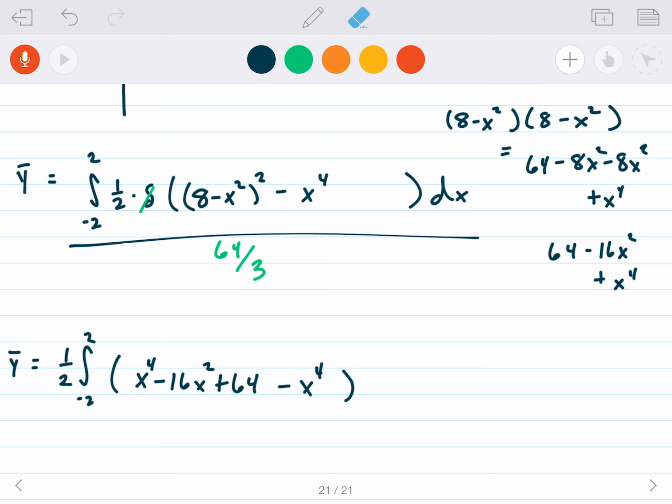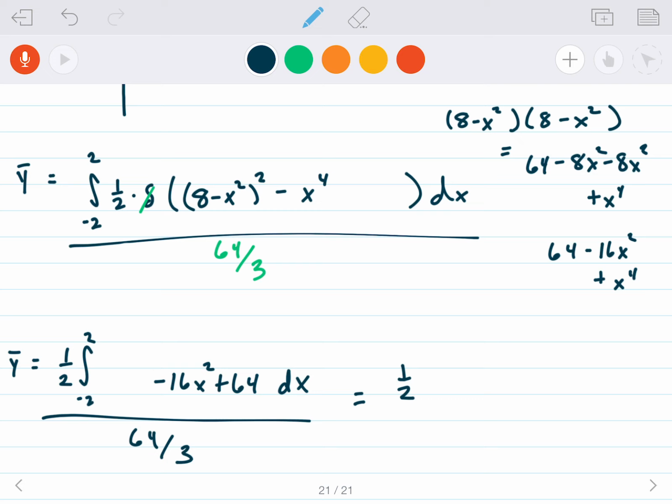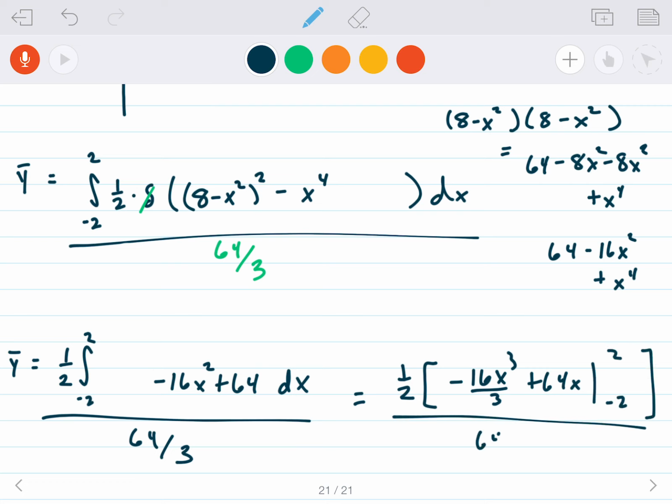So these x to the 4s are going to cancel, and we're just left with this over 64 thirds. All right, so let's compute this antiderivative. Negative 16x squared becomes negative 16x to the 3 over 3, plus 64x, going from negative 2 to 2, and all of this is over 64 thirds.